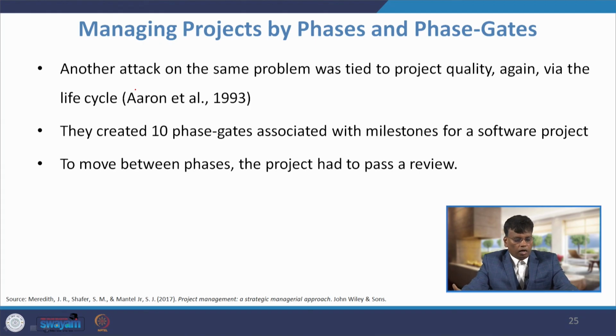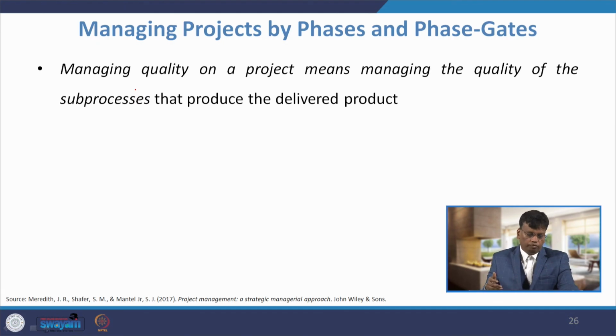Aaron et al. created 10 phase gates associated with milestones for a software project. What they explained in their research paper is that to move between phases, each project had to pass a review. So, there is a testing process from stage 1 to stage 2 with the help of a review process. As soon as phase 1 passes, it will go to phase 2.